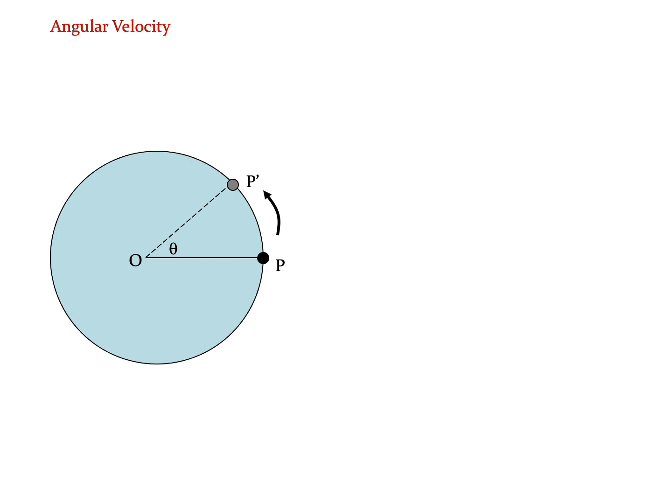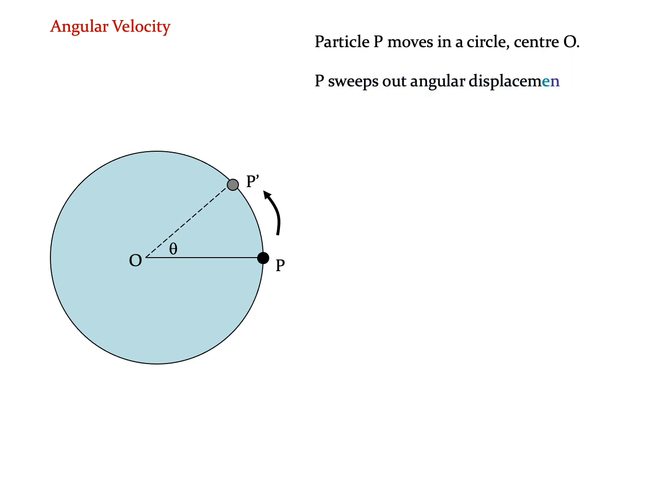The circle has center O, and after a little while the particle has moved from P around the perimeter to P dash, and that sweeps out an angle theta. So particle P moving in a circle, center O, sweeping out an angular displacement theta, and let's imagine that happens in a time t.